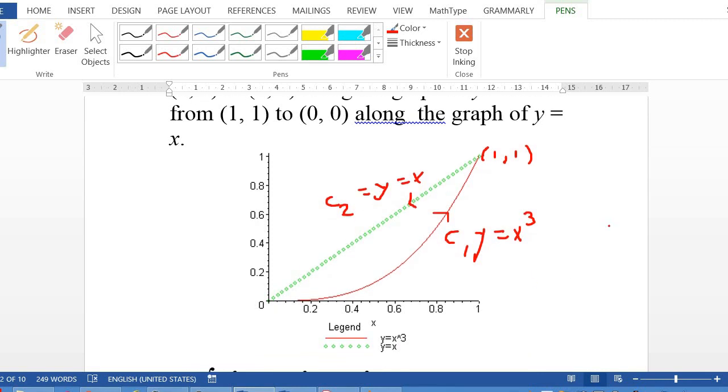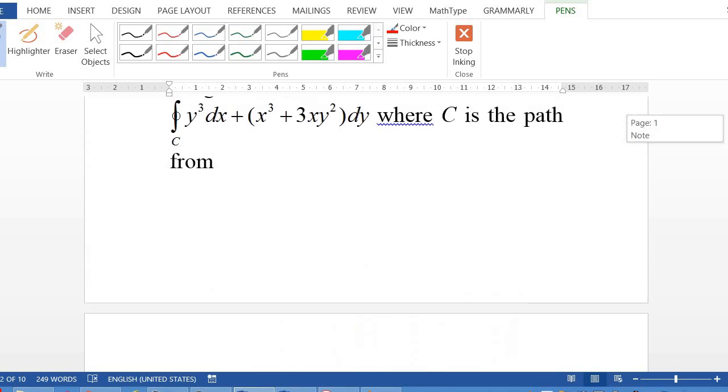If you use Green's theorem, since curves C1 and C2 are in the anticlockwise orientation and form a simple closed curve, it forms a region R, so you can evaluate it using Green's theorem.